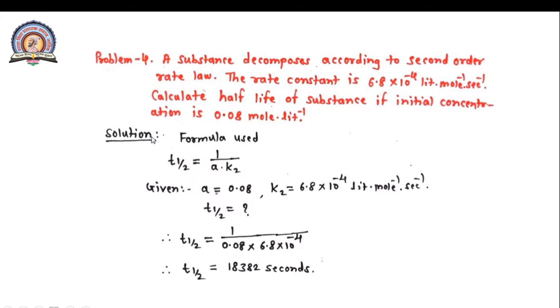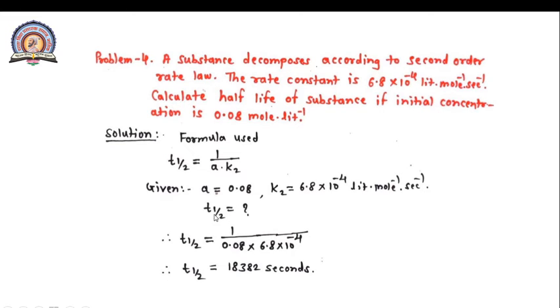Now here the solution, the formula used: T half is equal to 1 upon A into K2. Students, for second order reaction, the half-life period, remember this formula, T half is equal to 1 upon A into K2. The value of A is given, that is initial concentration 0.08. The value of K2 is given, that is 6.8 into 10 raised to minus 4 liter per mole per second.